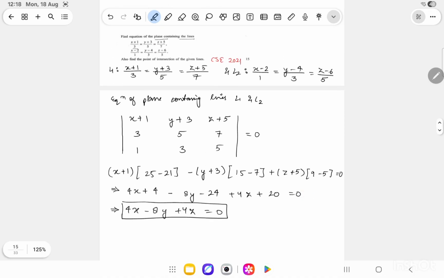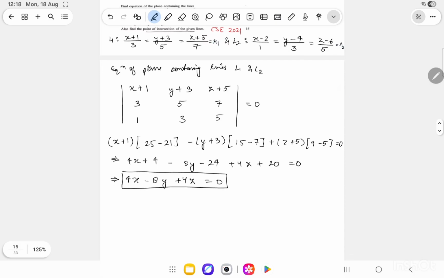And further, in the question, they have asked us to find the point of intersection of the given lines. So let us equate L1 with R1 and L2 with R2. We can easily find any arbitrary point lying on L1 and L2.